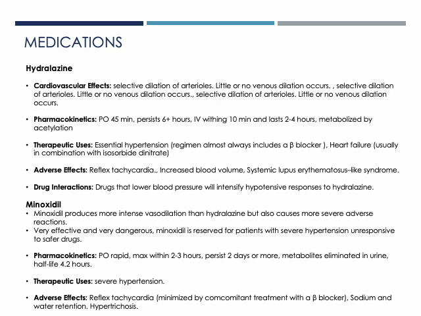So like hydralazine, minoxidil will produce a selective dilation of the arterioles, and it doesn't have venous dilation, or really very little, so you're not going to get that same effect. So again, postural hypotension is very low.